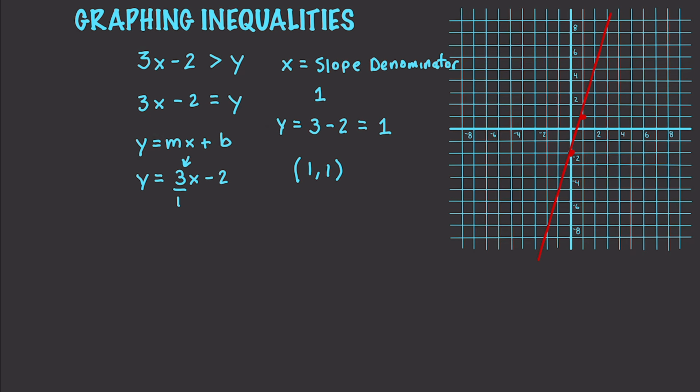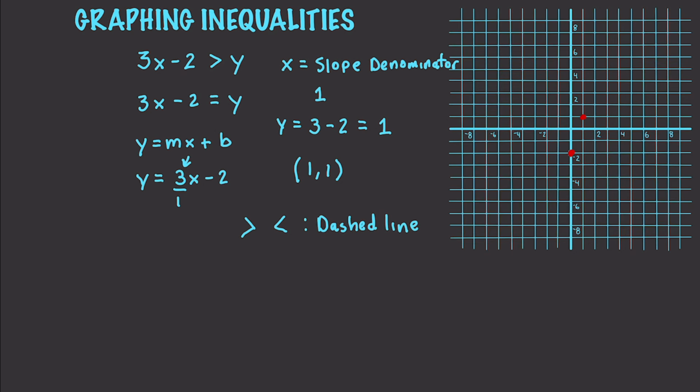We're not done. So what we're going to need to do here, first off, is that I just did it wrong. Okay, so anytime we're dealing with inequalities, and you can see here I have greater than, well, I'm going to undo that line because it's incorrect. Anytime you are dealing with greater than or less than, you are going to use a dashed line.